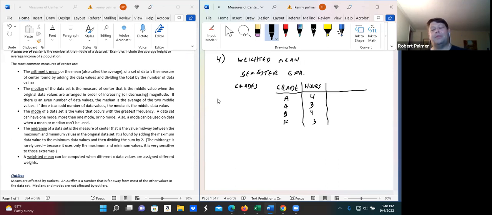I'll write over here what the weights are. So an A is 4 points, a B is 3 points, a C is 2 points. Then, as you expect, a D is 1 point, and then an F is 0 points.